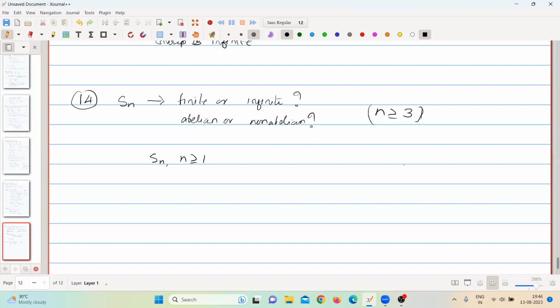No, ma'am, it is non-abelian. And is it finite or infinite? It will be finite, ma'am. Finite, because the cardinality of Sn, we have already proved, is n factorial. So Sn is a finite non-abelian group. Earlier we got an infinite abelian group; here we got a finite non-abelian group.